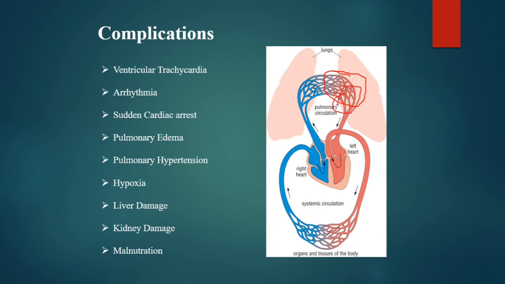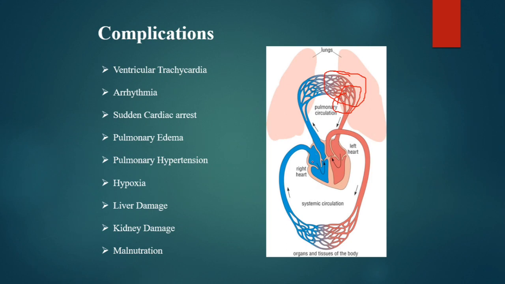If gaseous exchange is impaired, then the oxygen level in the blood will be down, so a hypoxia condition can develop. Then go to the right ventricle. Eventually, if the left ventricle fails, it will lead to failure of the right ventricle.